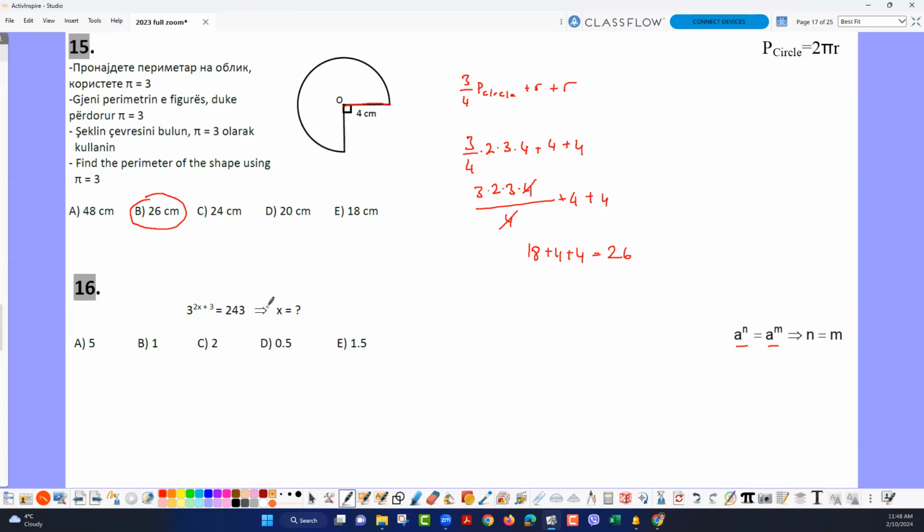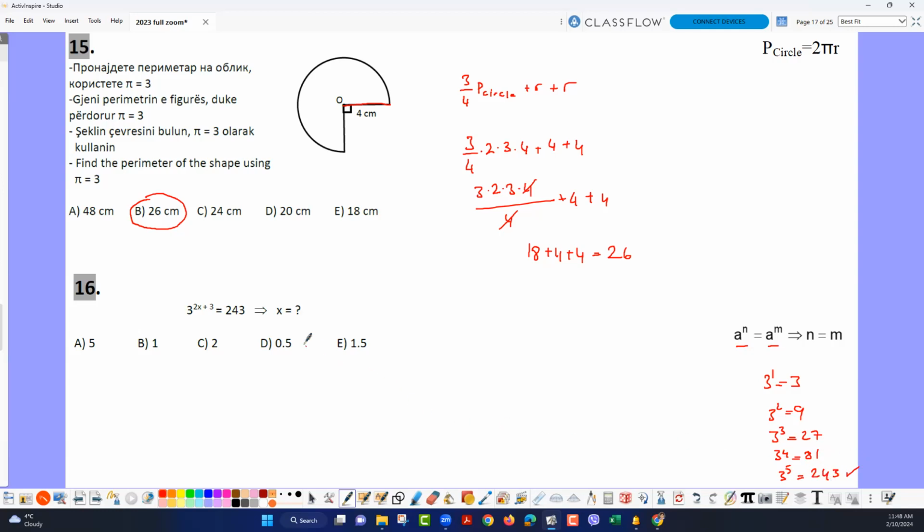Then we have to find 243, which power of 3. I'm starting with 3. 3 is equal to 3 to the power of 1, 3 to the power of 2 is equal to 9, 3 to the power of 3 is equal to 27, 3 to the power of 4 is equal to 81, and 3 to the power of 5 is equal to 81 times 3, which is equal to 243.